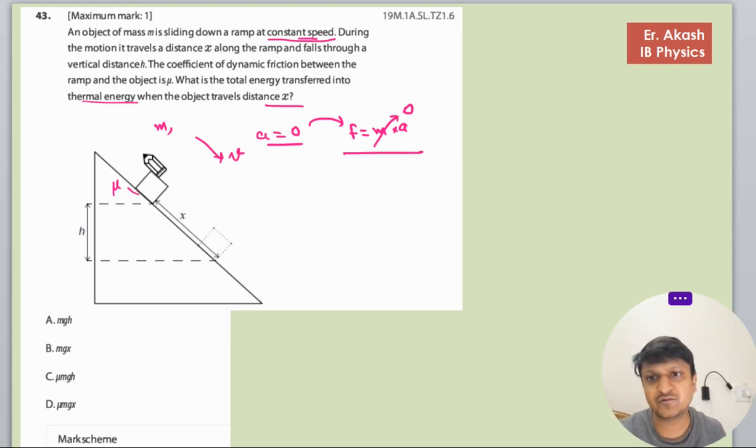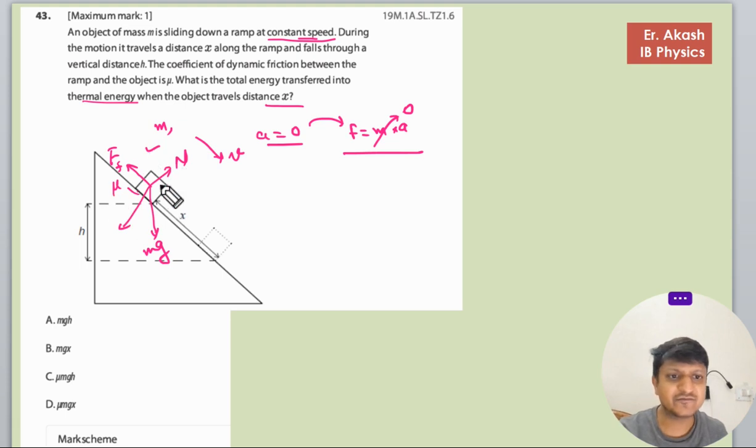The only force acting backwards is the frictional force, and this will be the mg, this will be the normal, and this will be the frictional force. But in this question you don't need all of these forces to be calculated.